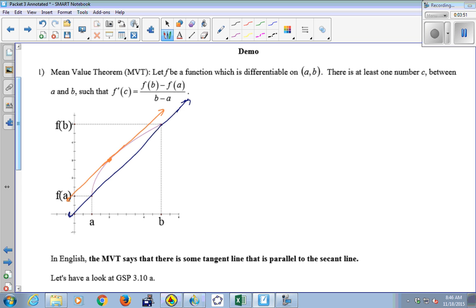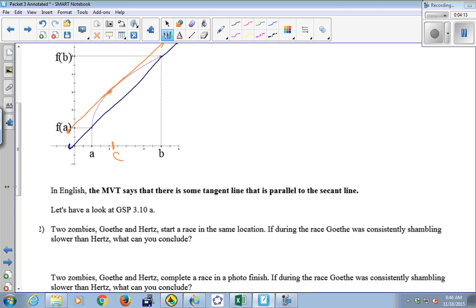So what my theorem says is that as long as my function is smooth and continuous, if you draw a secant line connecting the endpoints a to b, there will always be some value c in between so that the slope of the tangent line at c is the same as the slope of the secant line. In English, there's some tangent line that's parallel to the secant line.